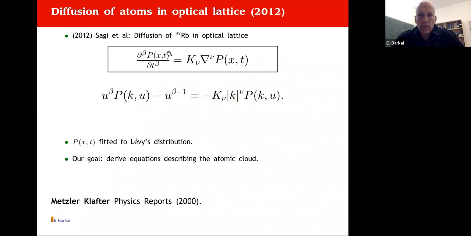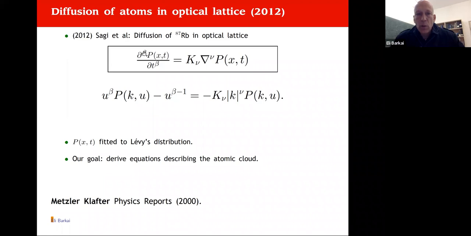So P(x,t), this will be in one dimension, is the density of particles spreading in coordinate x at time t. This is a normalized probability density corresponding to the concentration of particles. The typical initial condition will be a kind of delta function at the origin, x equals 0, and these particles are spreading based on this equation.